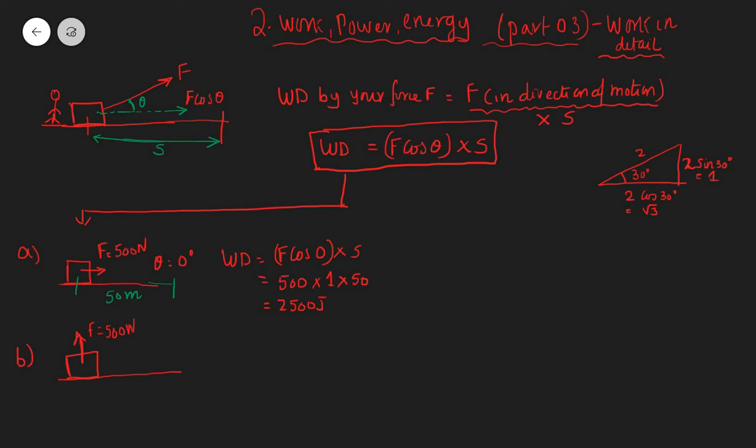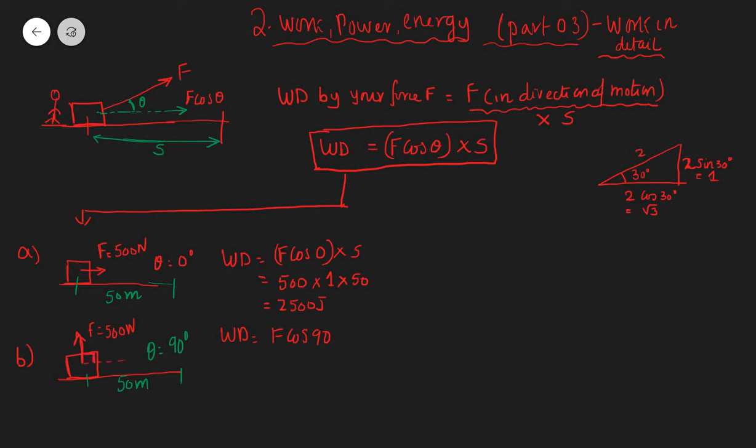Then you have the second case, wherein let's assume the force applied is in vertical direction, and again your displacement is 50 meters. So here theta is 90 degrees, and your work done will be F cos 90 because this is 90 degrees.